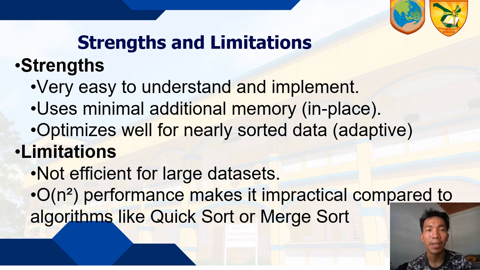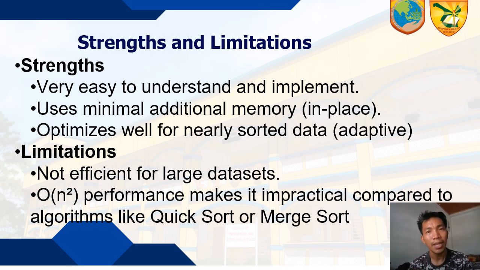And it uses minimal additional memory, sorting in place, and it performs well for nearly sorted data, being adaptive. However, bubble sort is not efficient for large data sets, and its O(n²) performance makes it impractical as compared to algorithms like quicksort and merge sort.